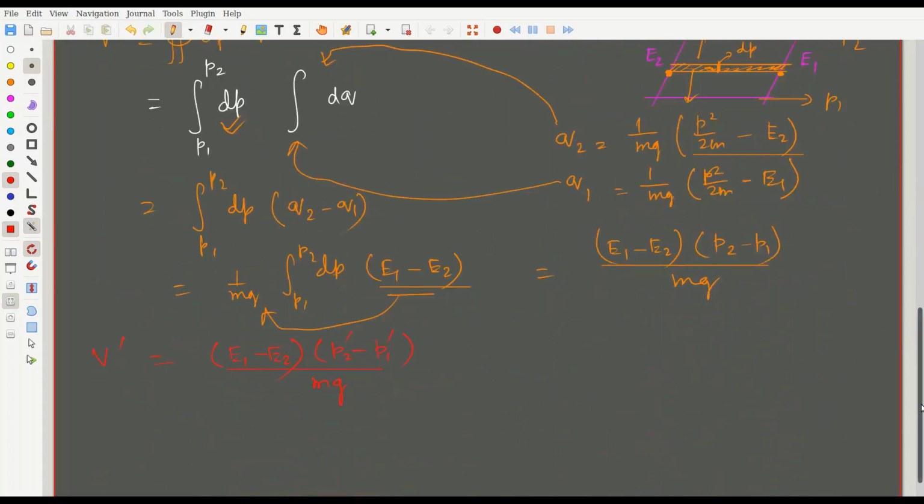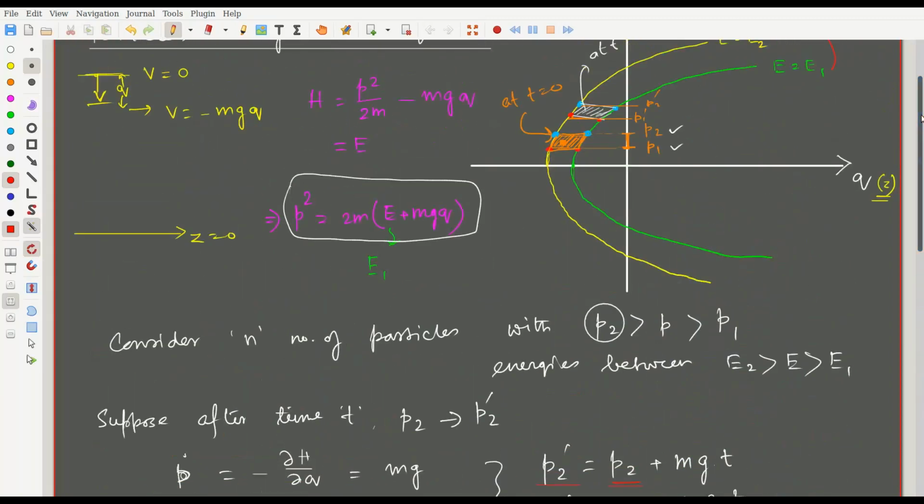Okay. So what I have here is basically e1 minus e2 times p2 minus p1 by mg, which is equal to my initial volume. So what I find here is that the density of particles, or rather the density of states, along the evolution of a system of phase space coordinates, since the volume remains the same, the density remains the same.